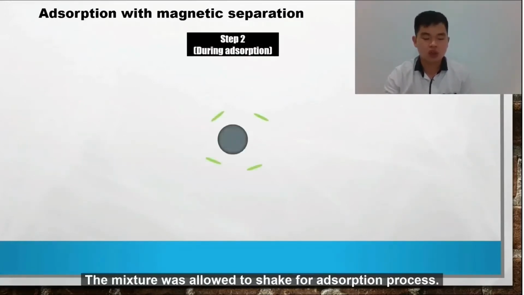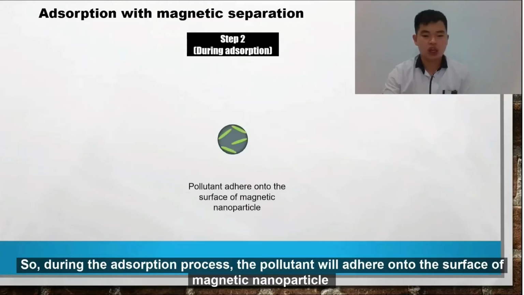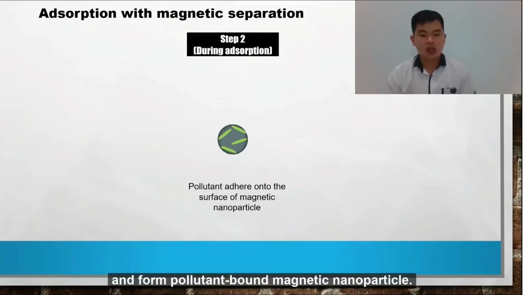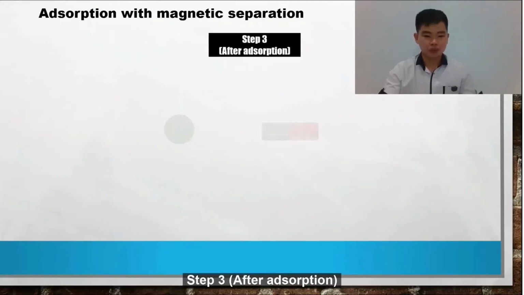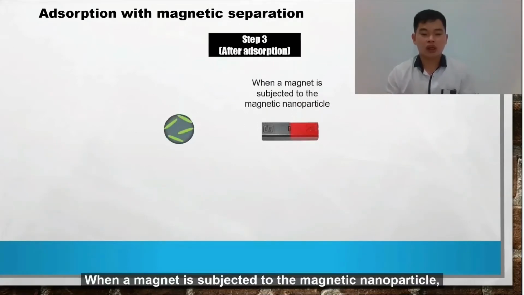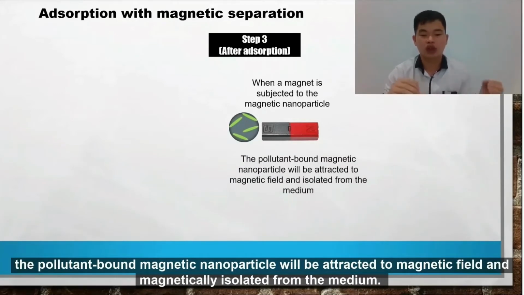During adsorption, the mixture is allowed to shake for the adsorption process. During the adsorption process, the pollutant adheres onto the surface of the magnetic nanoparticle and forms pollutant-bound magnetic nanoparticle. Step 3. After adsorption, a magnet is applied to the magnetic nanoparticle. The pollutant-bound magnetic nanoparticle will be attracted to the magnetic field and isolated from the medium.